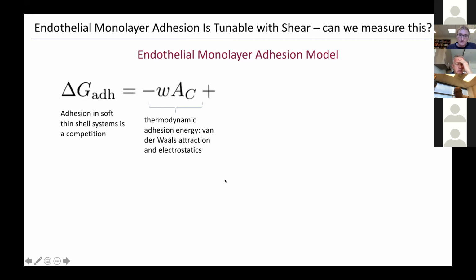So if we break down the endothelial monolayer adhesion energy, and this is what went into the papers that we've published with Jarek, we say, okay, there's a thermodynamic adhesion energy. What's really driving this thing to want to stick is either van der Waals or electrostatics. And it's primarily likely going to be van der Waals since everything is being bathed in water.